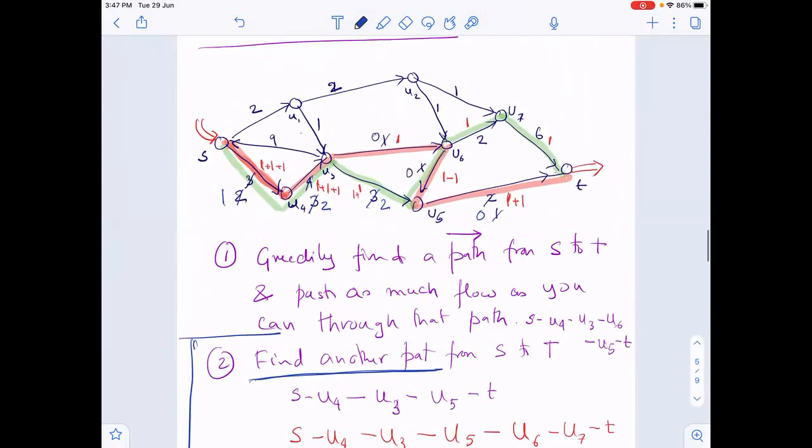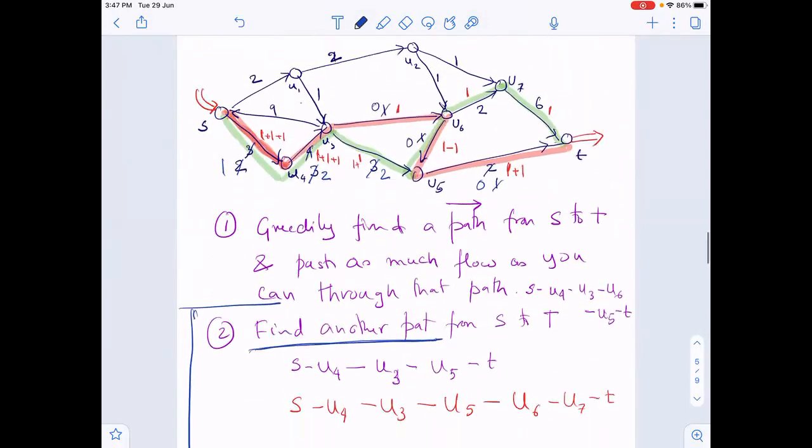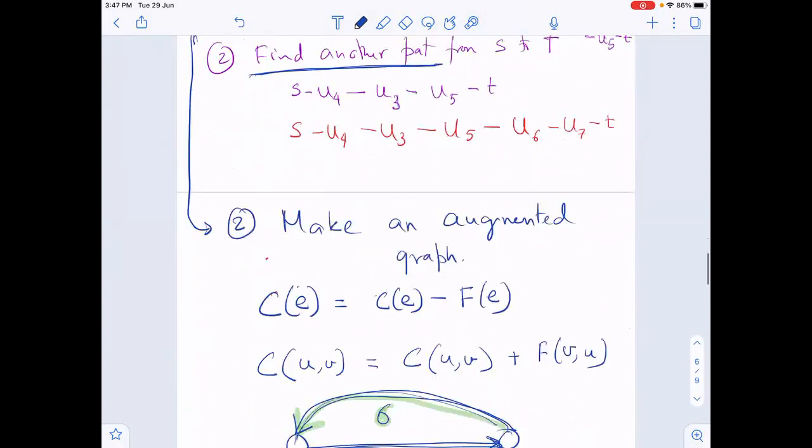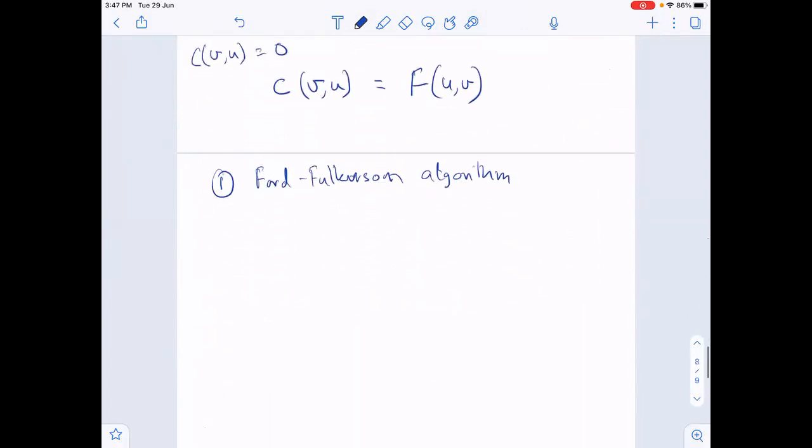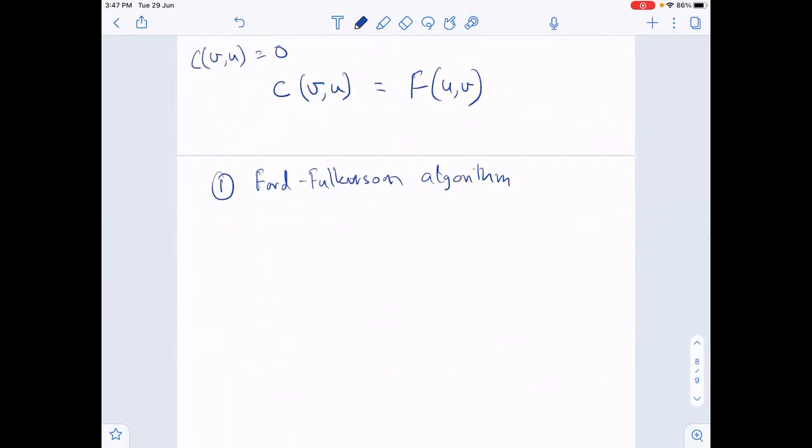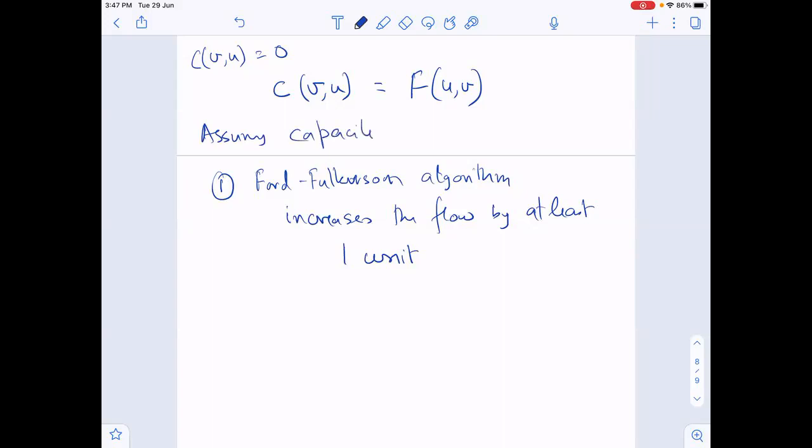So if to start with all the edge weights were integers, then every time it updates, it increases the flow by at least 1 unit. This is assuming capacities are positive integers.